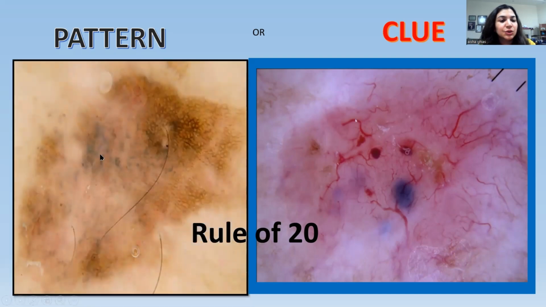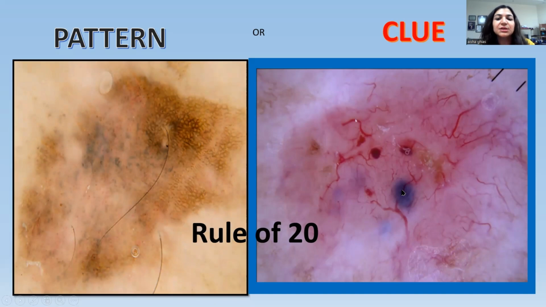Okay. So for example, on the left-hand side, you see that the pigment network is present in more than 20% of the surface area that you are seeing with the dermoscope. And we call it a pattern. So there's a pattern of pigment network. However, on the right-hand side, if you see this clod, is it a pattern or a clue? It's a clue.